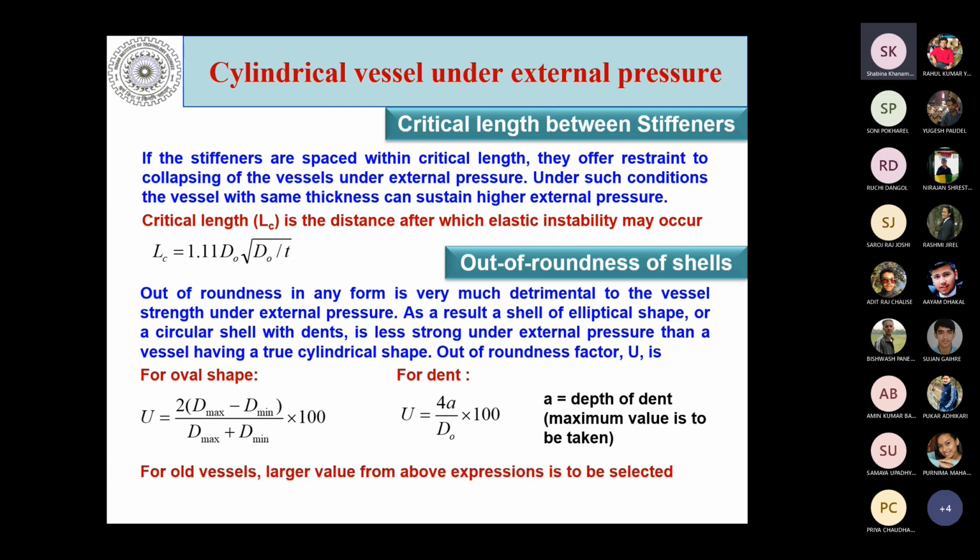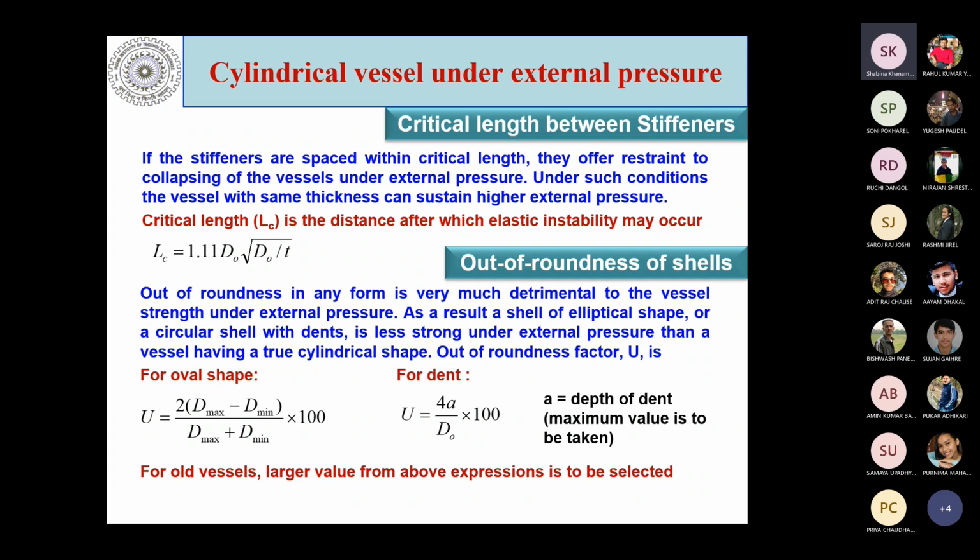When we consider out of roundness for an old vessel, the larger value from the above expressions is to be selected. So if the vessel is already existing and we need to find its out of roundness, we calculate it for the oval shape and for the dent, both ways, and whichever U is more, we consider for design. However, you can understand that if the vessel already exists, what is the point of considering that?